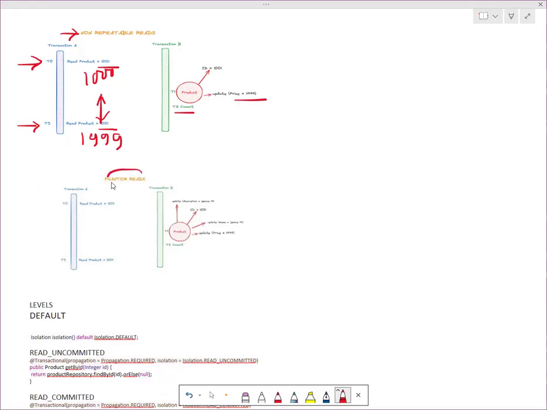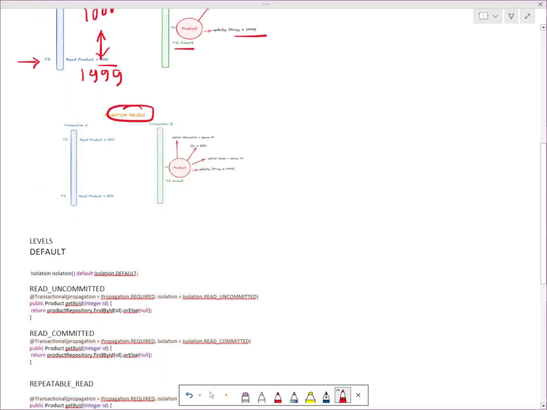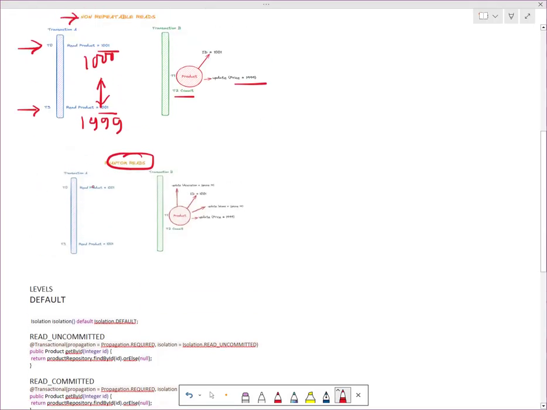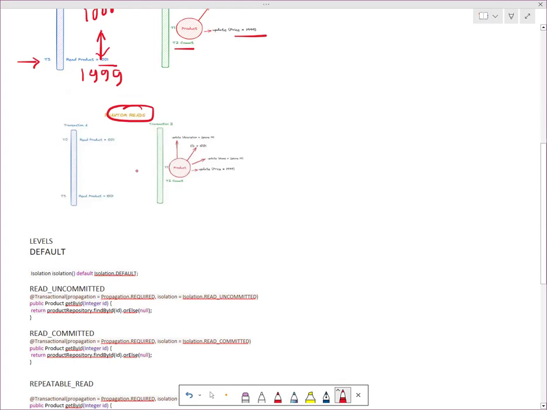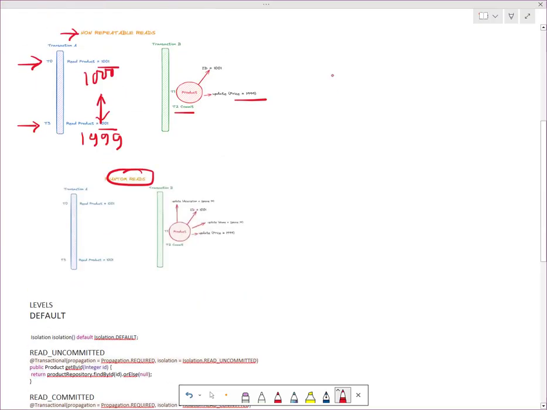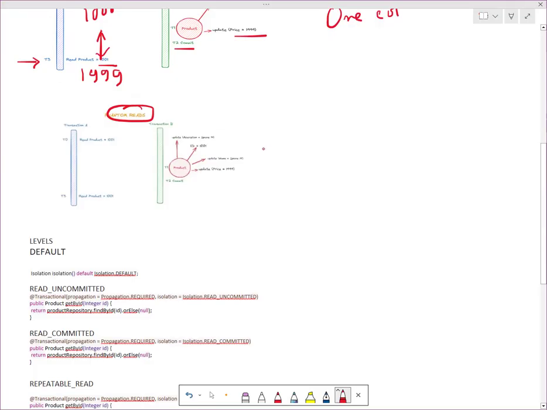Next is phantom reads. Phantom reads is pretty similar to non-repeatable reads, but there is one difference between them. Non-repeatable read is valid for one column, but phantom read is valid for the data set.